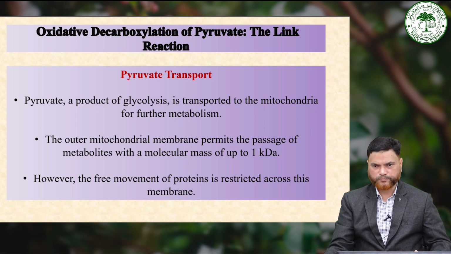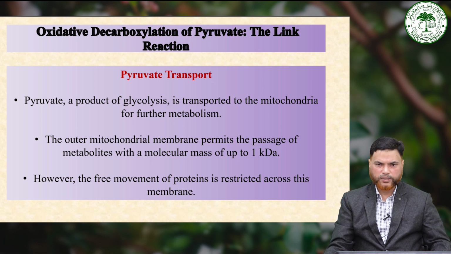Then pyruvate, which enters the mitochondria, undergoes oxidative decarboxylation to form acetyl coenzyme A. During this conversion, one carbon is lost as carbon dioxide, and the process is catalyzed by the pyruvate dehydrogenase complex.